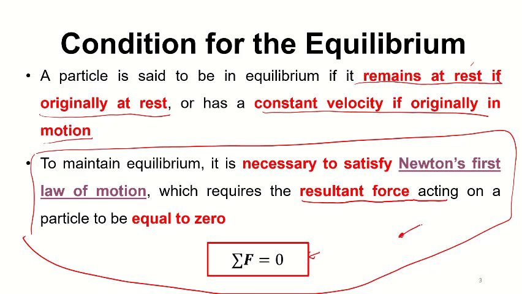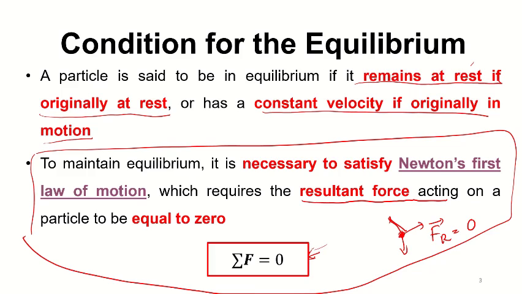There can be forces acting on the particle, but it is still in equilibrium if the resultant force Fr is equal to 0. This is not only a necessary condition for equilibrium, it is also a sufficient condition.